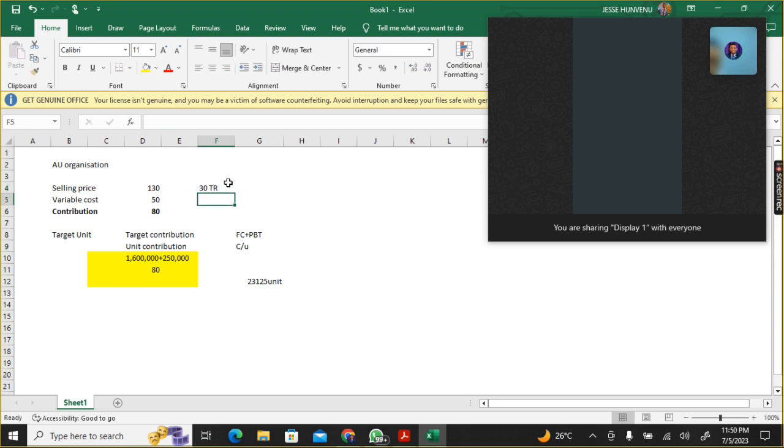How many can we sell to get that same 250 as profit after tax, given 30% as our tax rate? So what will be the formula we have to use now?